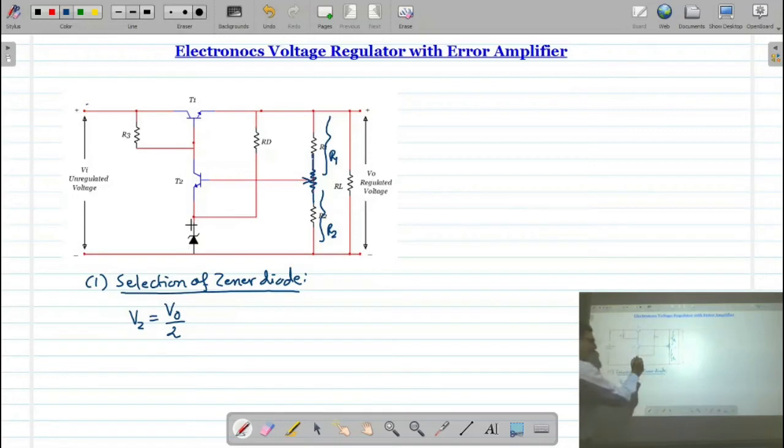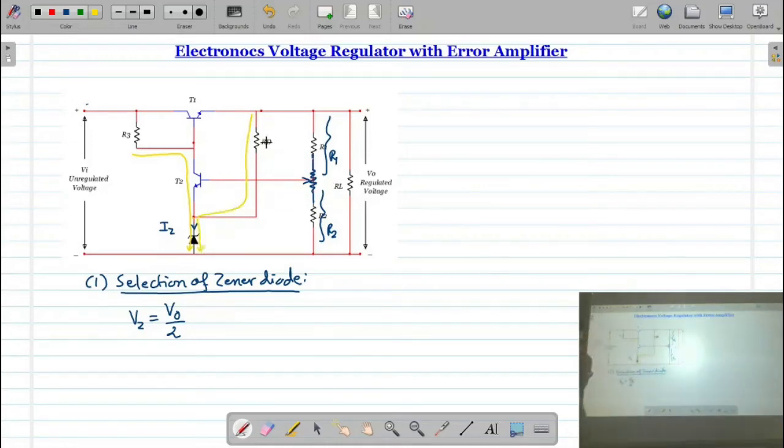But whatever the IZ is here, this IZ is divided in two parts. Remember, because it is connected to the emitter. So this emitter current consists of what? Here, the collector current is also passing through this Zener diode, as well as the current passing through the resistance RD.